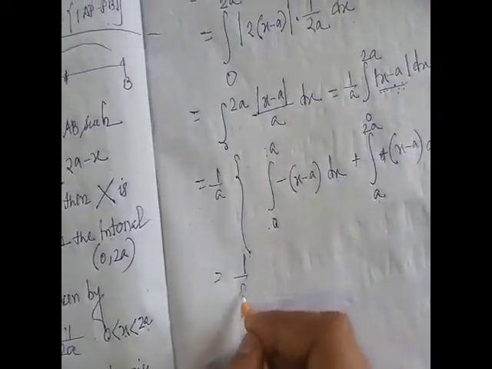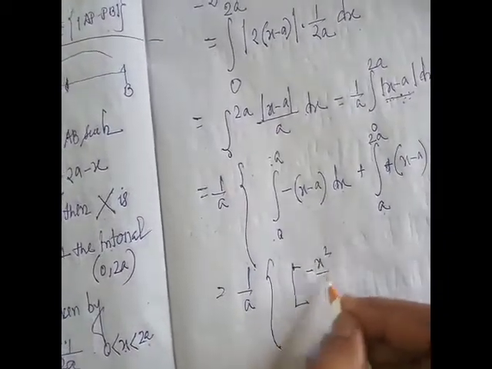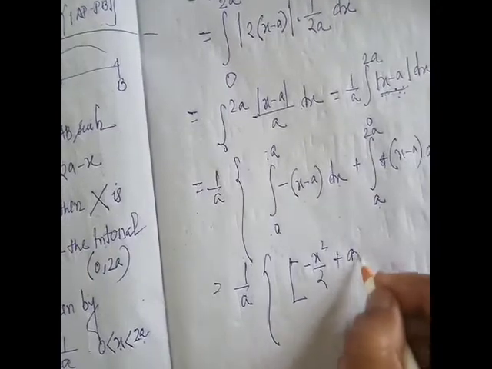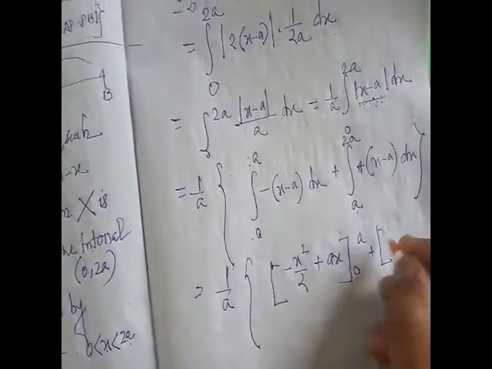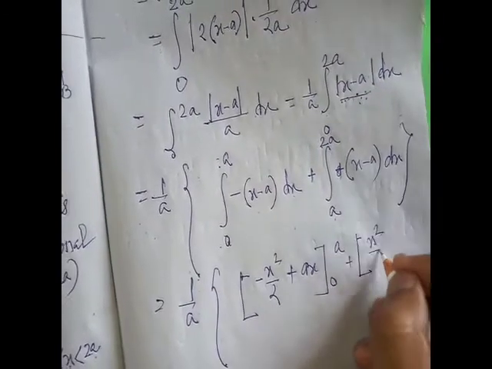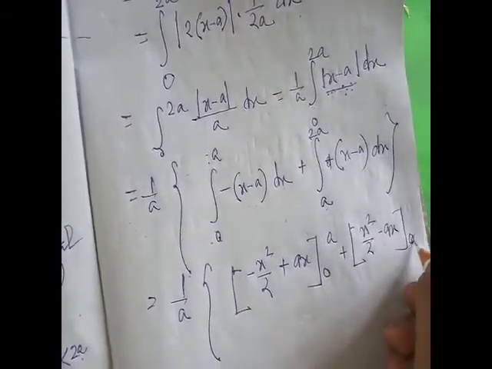So 1 by a times [minus x square by 2 plus ax from 0 to a, plus x square by 2 minus ax from a to 2a].